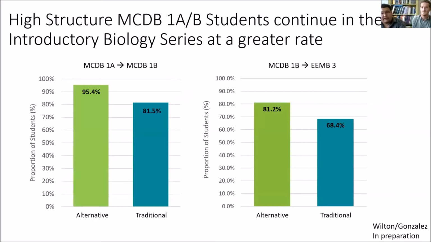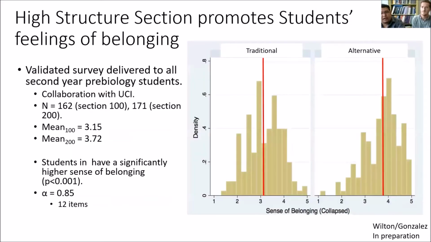And then the second course in the series is MCV 1B, and those students that pass that class go to the next class, which is the EMB3. And again, the students represented in the green bar tend to go at a higher rate than the students represented in the traditional section, represented here in teal. Again, alluding to that retention effect that we were aiming for.